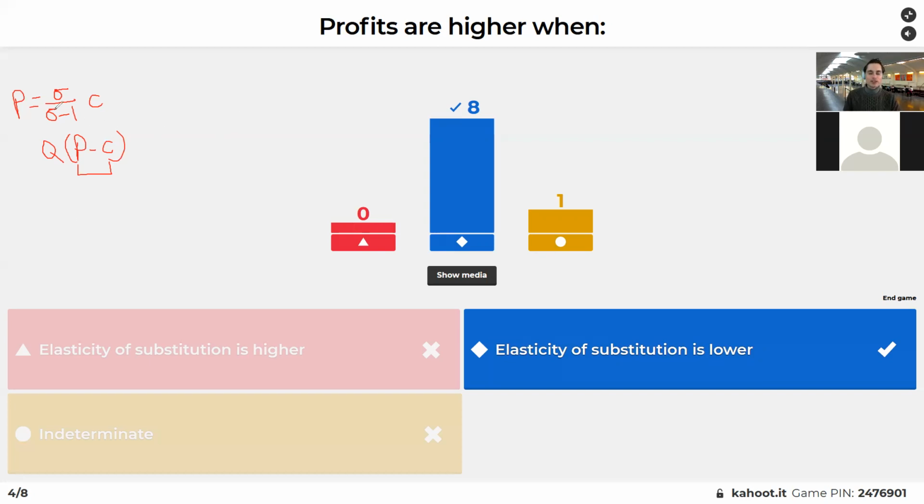So when sigma is very, very high, so that there's a lot of substitutability between goods, then there's no profit. When sigma is closer to 1, then you get very high profits. That's the idea.